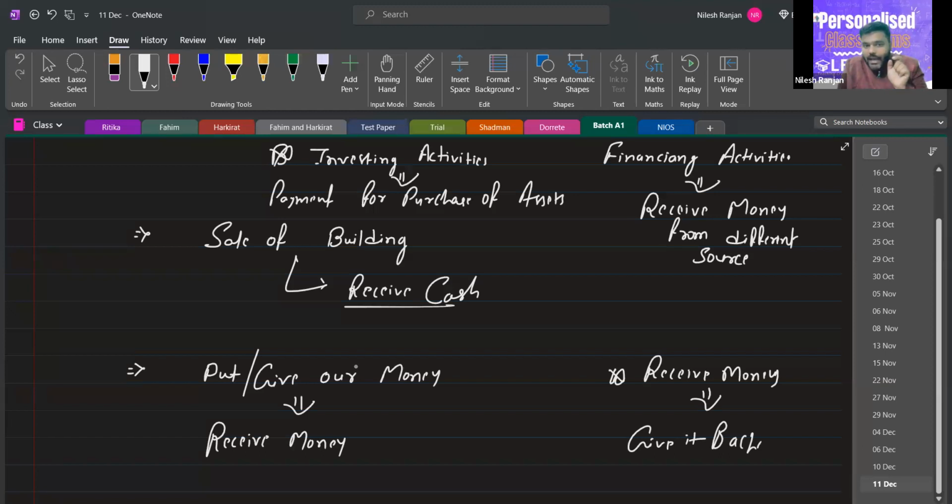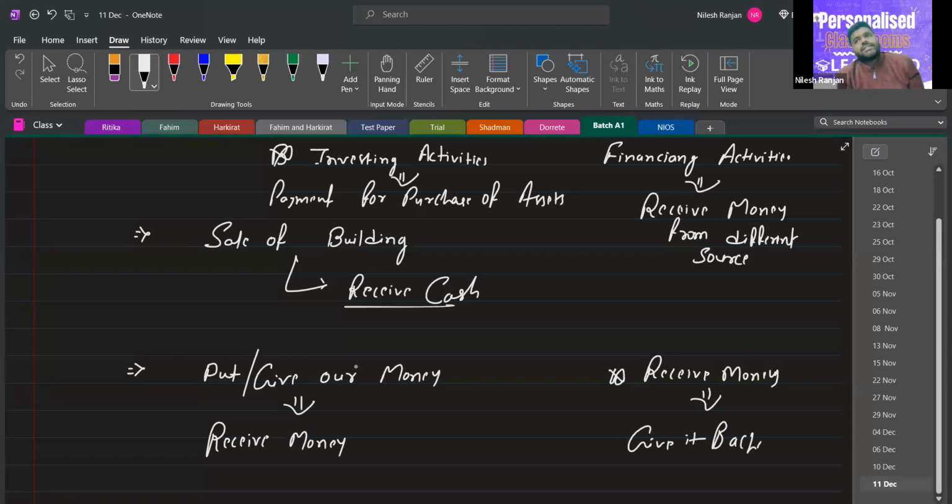So you are giving your cash first, and then you will receive cash. So this should be investing activities. Okay, sir, now it is clear. Can you differentiate between investing and financing?